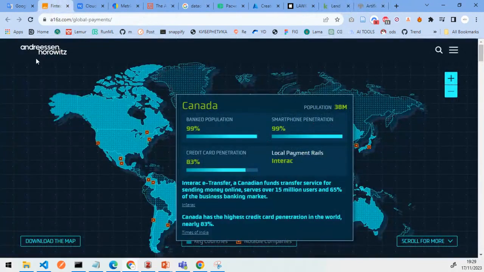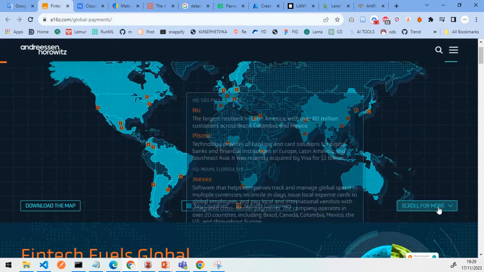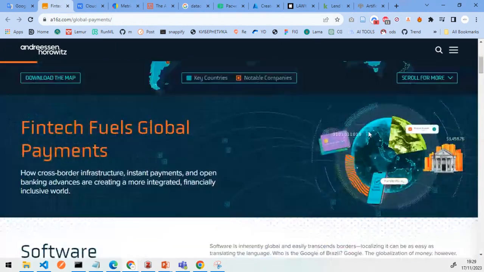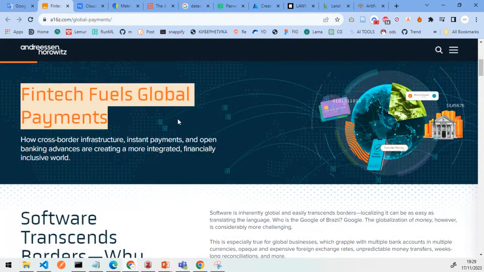So, Andreessen Horowitz. Maybe some of you might not know about it, but it's a venture capital firm that supports startups. Andreessen Horowitz also put up this global payments map. Of course, there's more, but they realize that fintech is the fuel, the gasoline, of the global payment system.